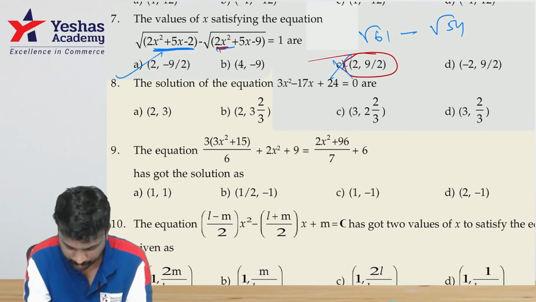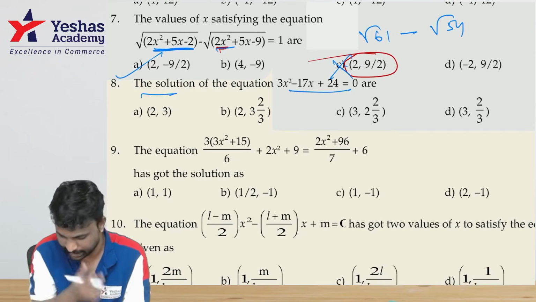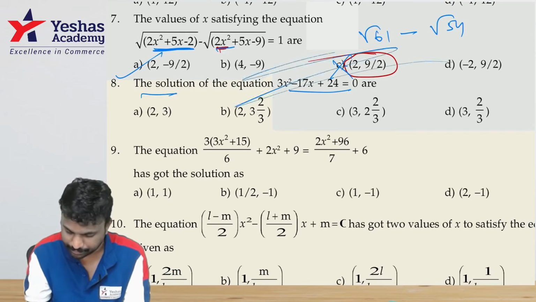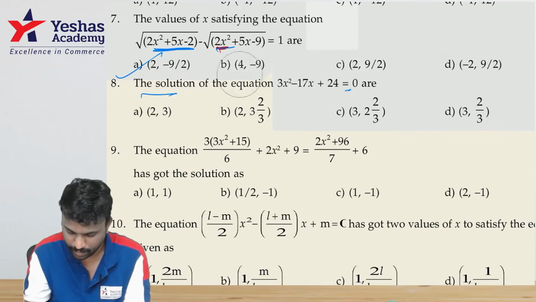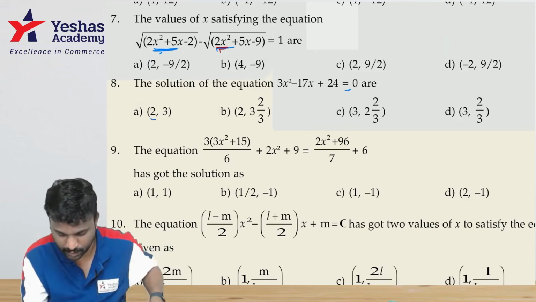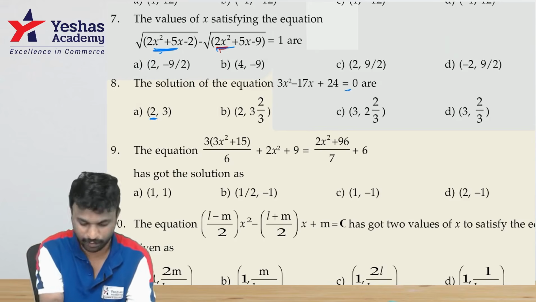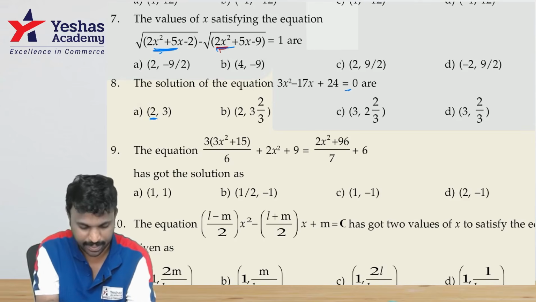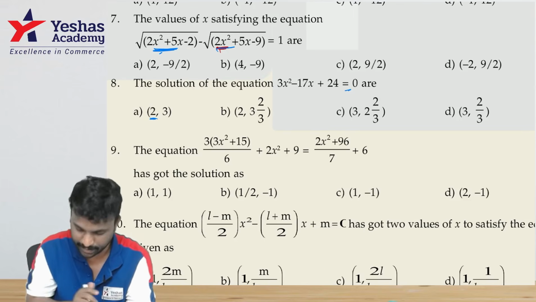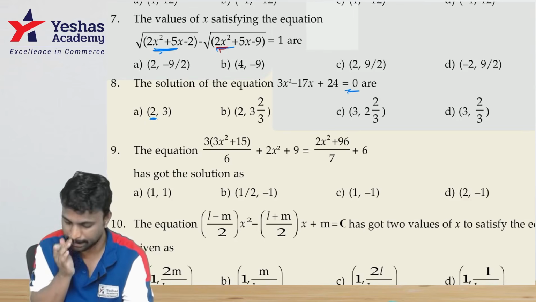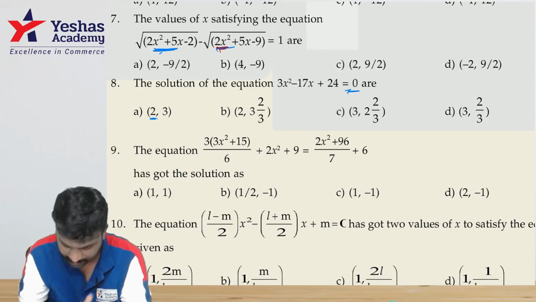Guys, moving on to question number 8, the solution of this quadratic equation. Let me hit the first option, that is 2. If I hit x value as 2, 3 into 4, because 2 square is 4, M plus 17 into 2, M minus 24, MRC. Is it equal to 0?